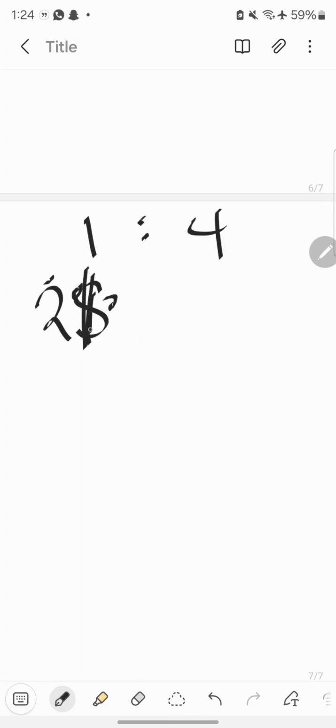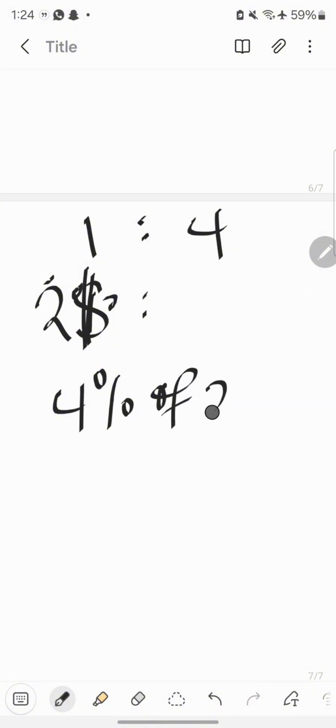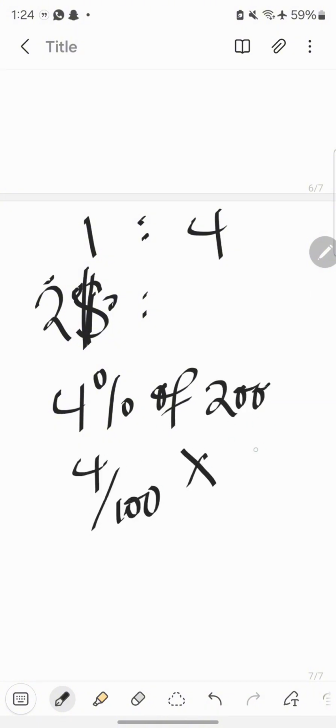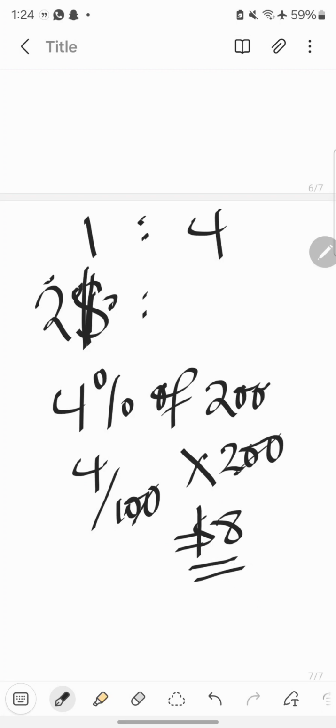In 1:4, what is 1%? 1% is already $2. Then what is the 4% that we are going to get from the trade? The 4% of our 200 is 4/100 times 200, which is $8. So this is how it works.